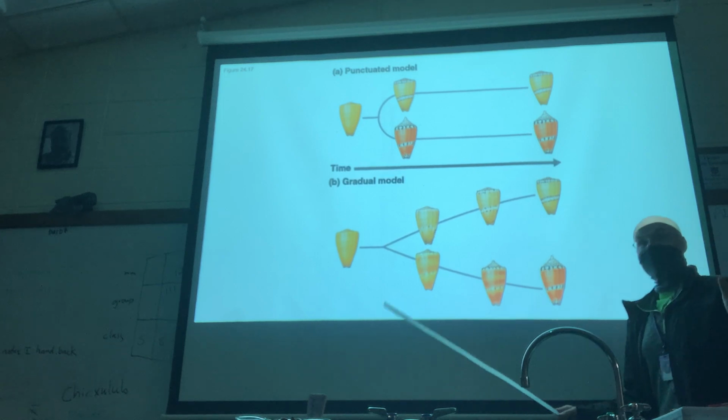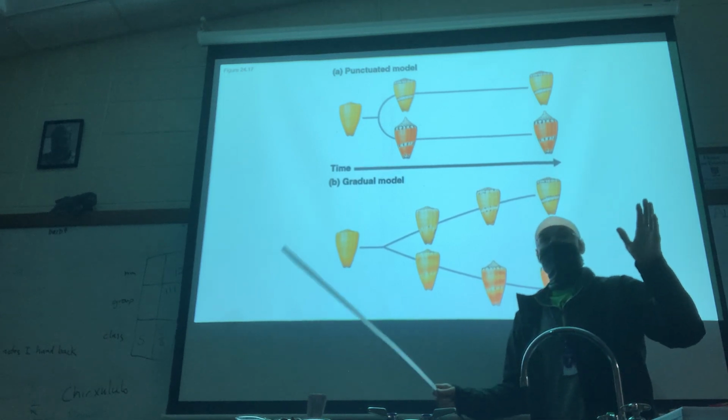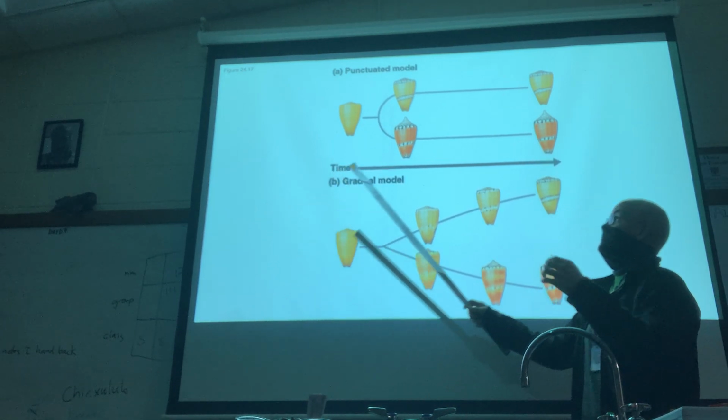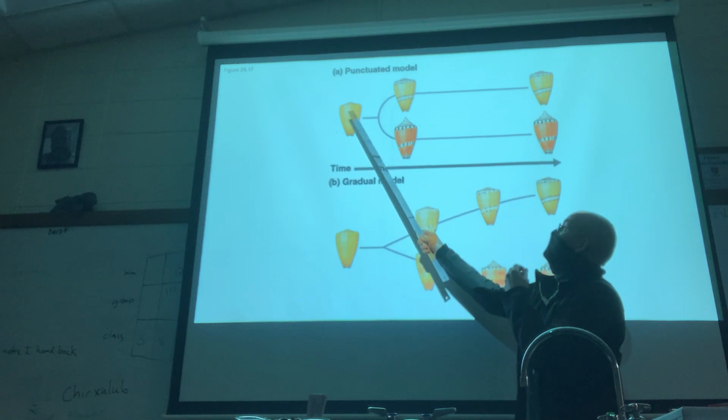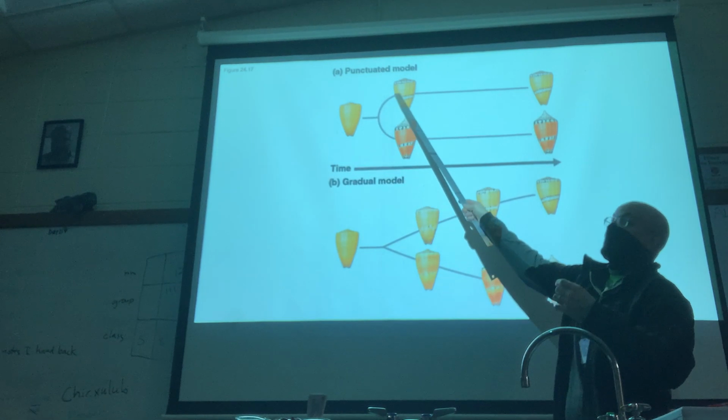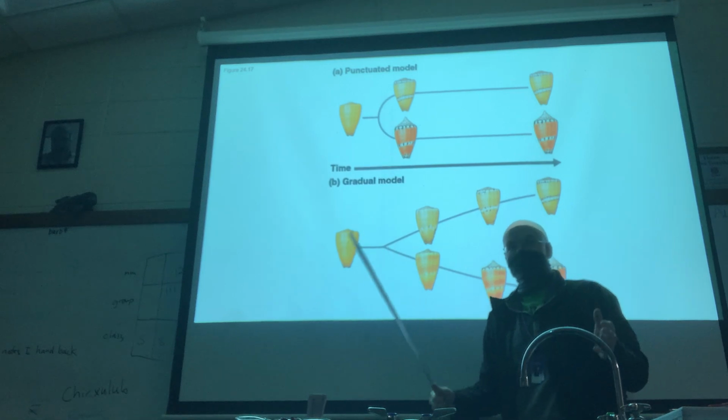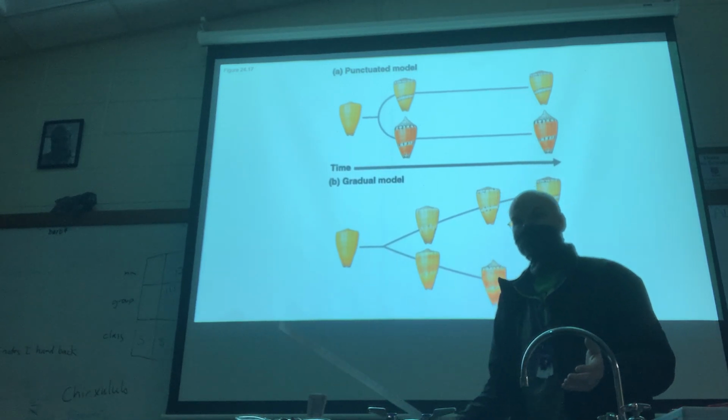But there is evidence that over vast periods of time, you can get a significant break in a population very quickly.